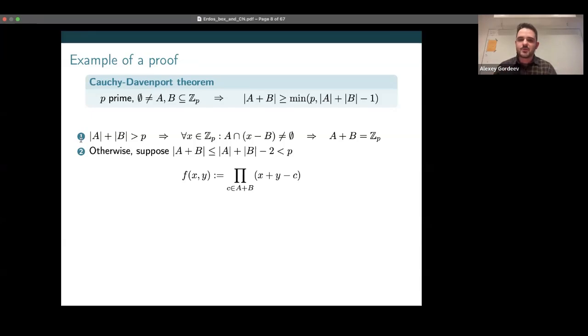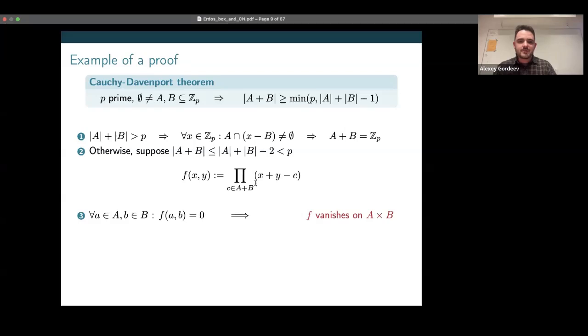So how do we employ the combinatorial Nullstellensatz here? We consider the following polynomial. For every element C of our sumset A plus B, we multiply a linear factor X plus Y minus C, for variables X and Y. So why is this polynomial useful?